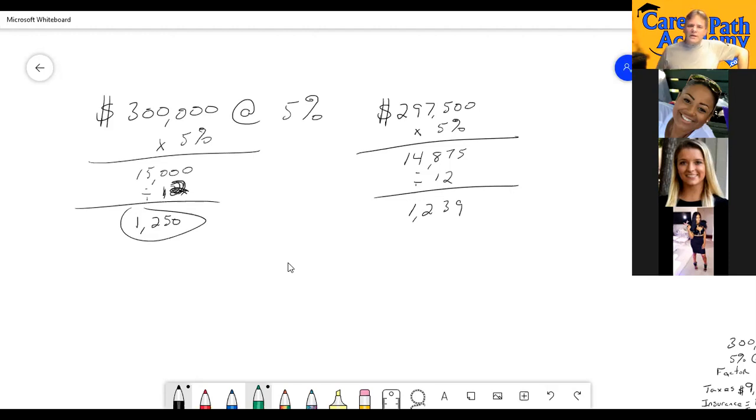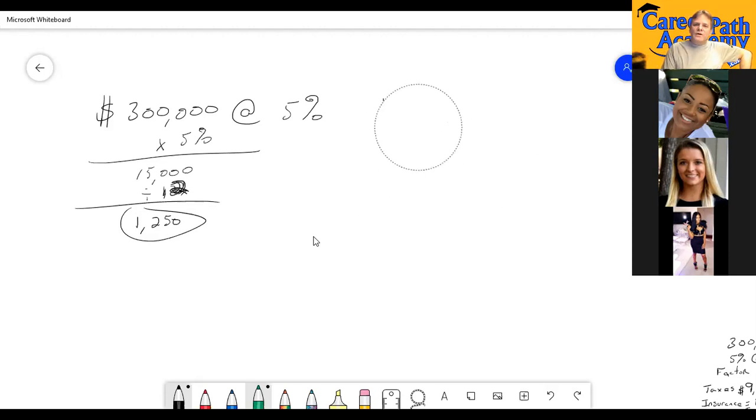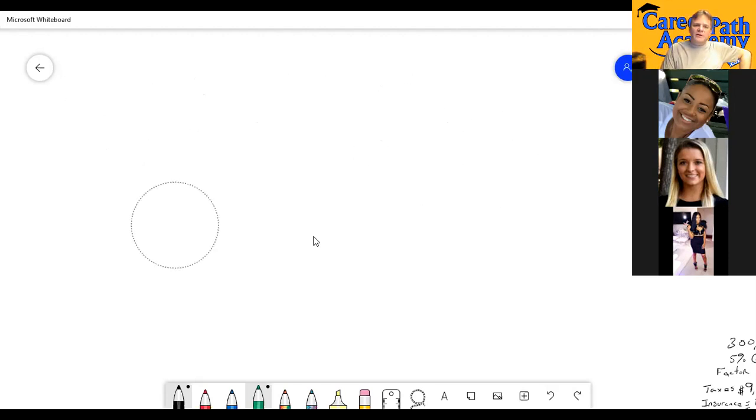Over here it's only a couple of bucks, about $19, but it's saving you money. The more you pay it down, the less you owe, and the less interest they can charge you when you have a lower balance.